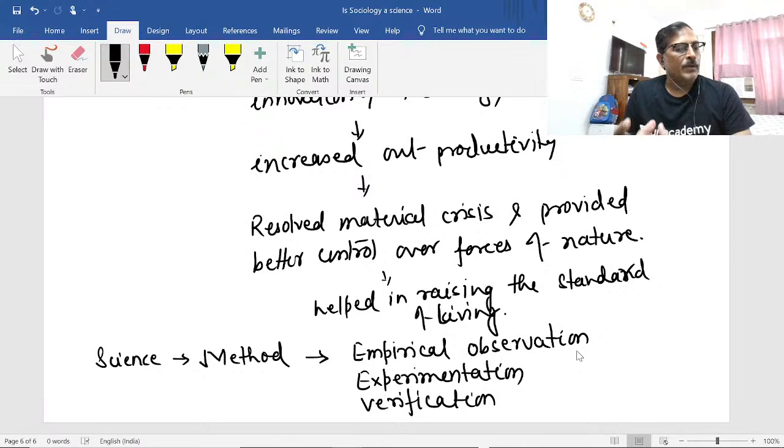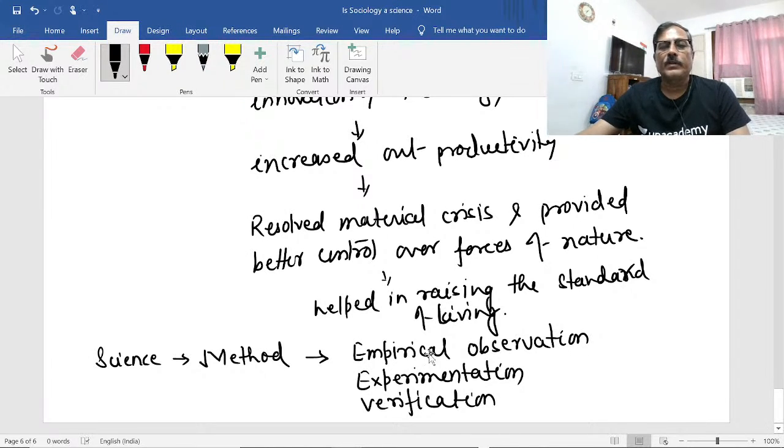And this method was applied in the analysis of the objects of nature, and the method consisted of three stages: empirical observation, experimentation, that is exposing an object to a variable and observing its impact, and then repeating the experiment, and on repeated attempt, if the result was the same, then the law was said to be verified, right?